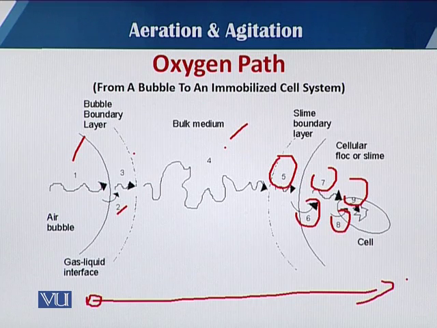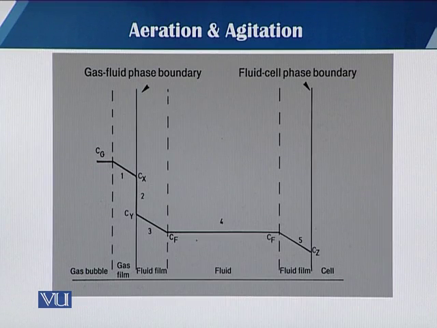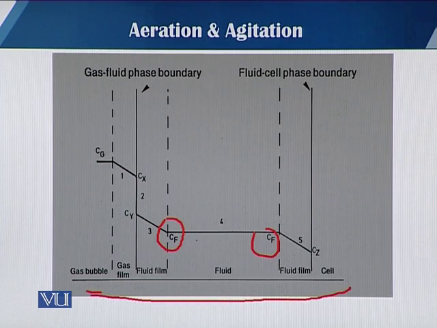In this slide you can see how the concentration goes from the gaseous form into Cx, then Cy into Cf. This is just an elaboration of the previous slide, showing how the oxygen completes its path to its utilization.